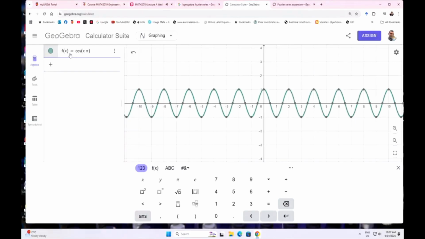So I've just put in cos of x pi. So when x equals 1, what's the value of the function in that graph? X equals 1. It's not a trick question. When x equals 1, negative 1. Okay. When x equals 2, what's the value? Positive 1. When x equals 3, negative 1.